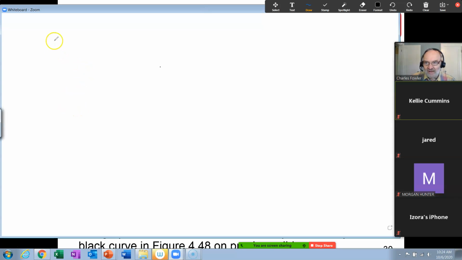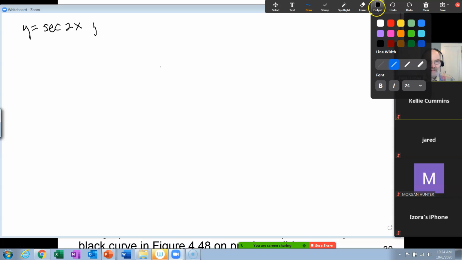Sketch the graph of y is equal to secant of 2x. How would you approach this one? I'll just give you a hint.